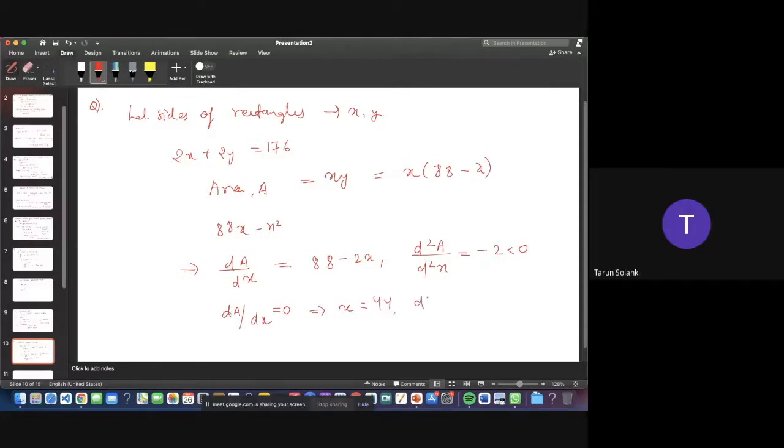Then d square A by dx square is also less than 0, so area will be maximum when x is equal to 44. So maximum area will be 44 into 44, which is 1936 square units. Okay, so this is the first problem.